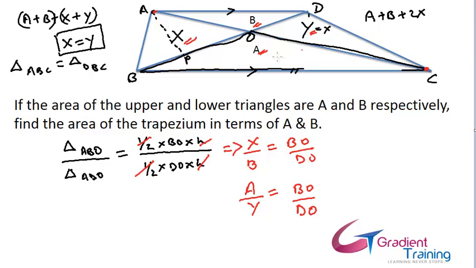So A divided by Y is BO upon DO. We have BO upon DO as X by B here, and we have BO upon DO as A by Y here. So we can equate them.